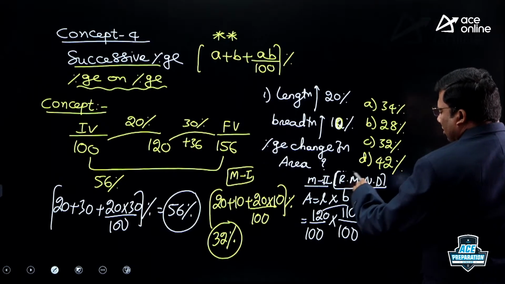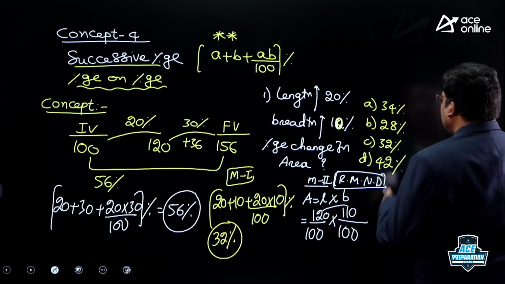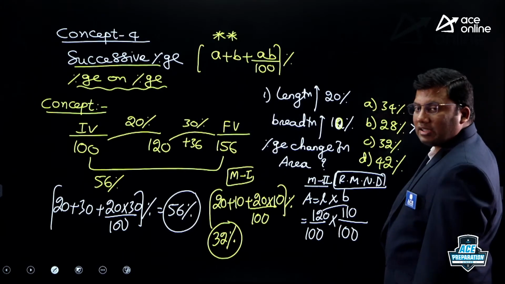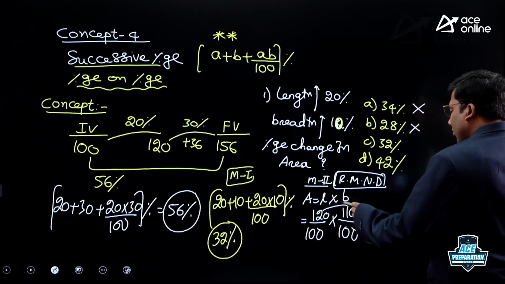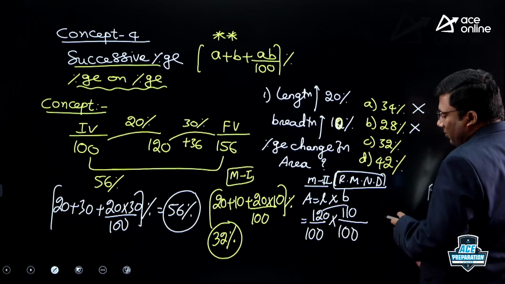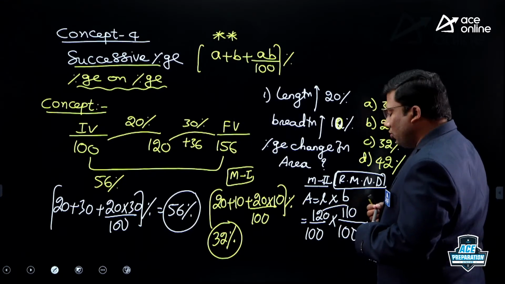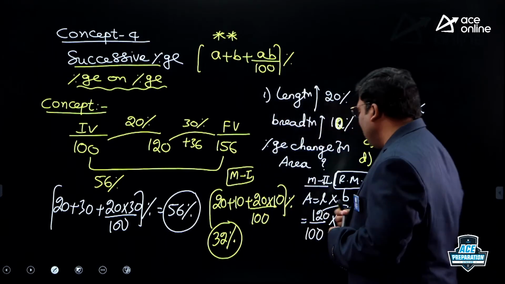The answer's rightmost non-zero digit should be 2. Then two options are eliminated just by looking at the question.